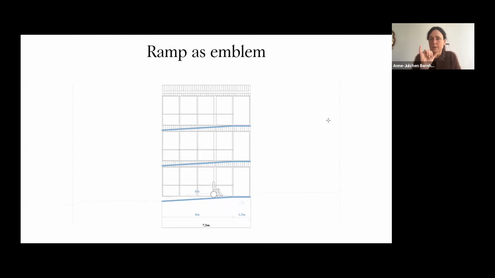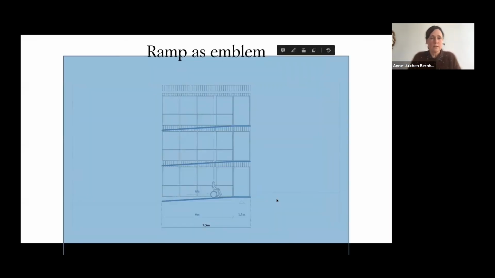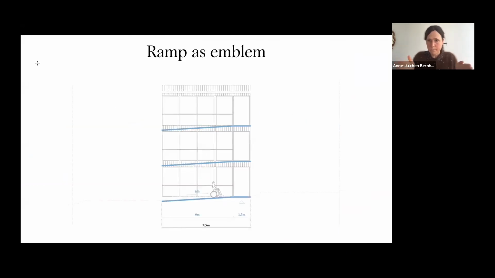So we took the German regulation for a ramp with a wheelchair as the main geometrical rule for the widths and the heights of each unit. The whole thing is done by this 6% ramp, and it created that each unit is 77.5 meters wide.